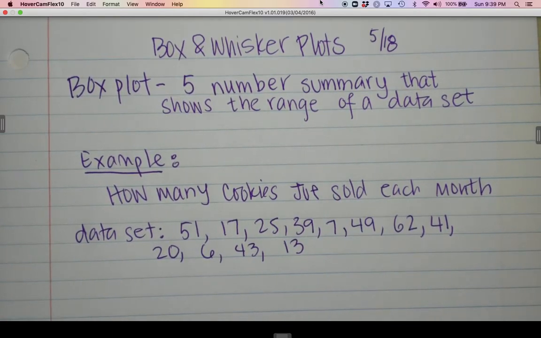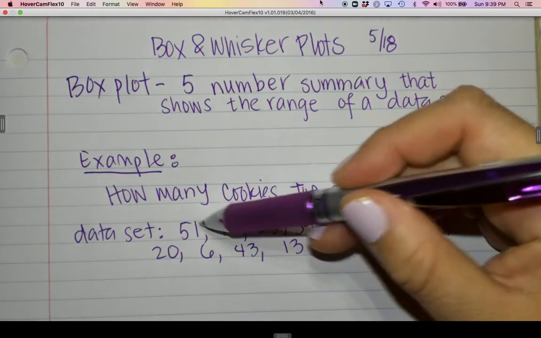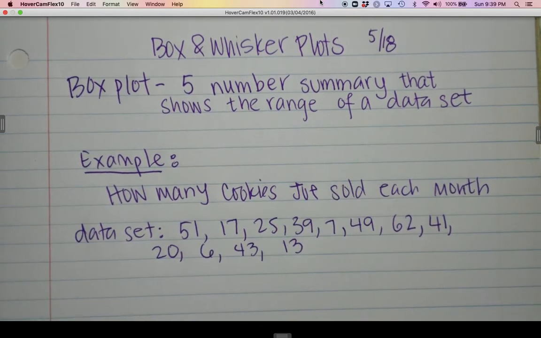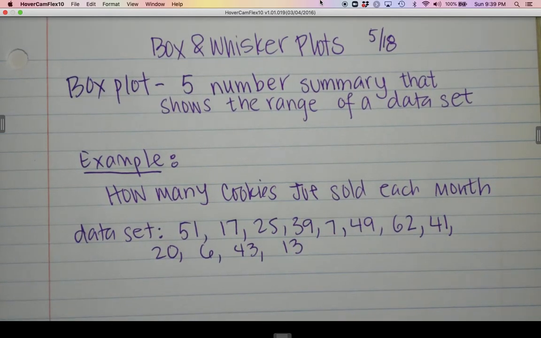So as you can see, there are 12 observations in our data set. 1, 2, 3, 4, 5, 6, 7, 8, 9, 10, 11, 12, which means that he sold each month for a year. So 12 months in a year.